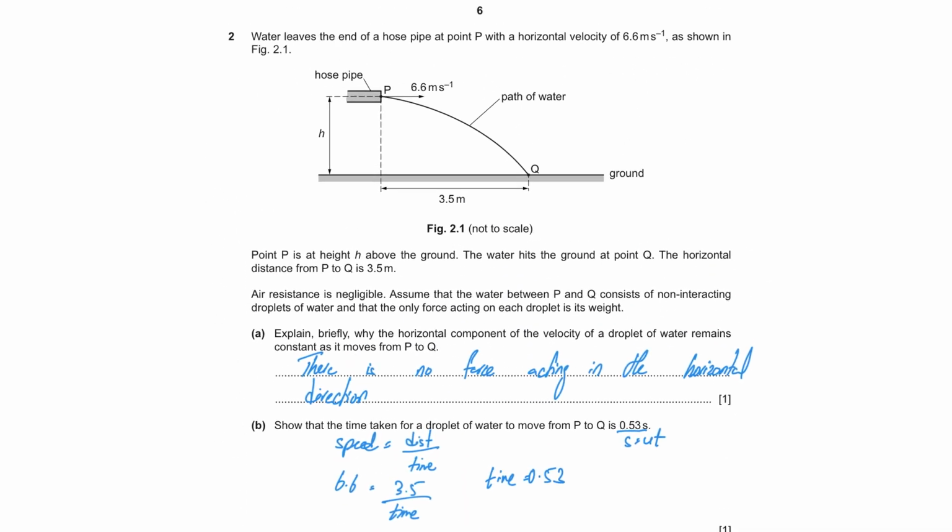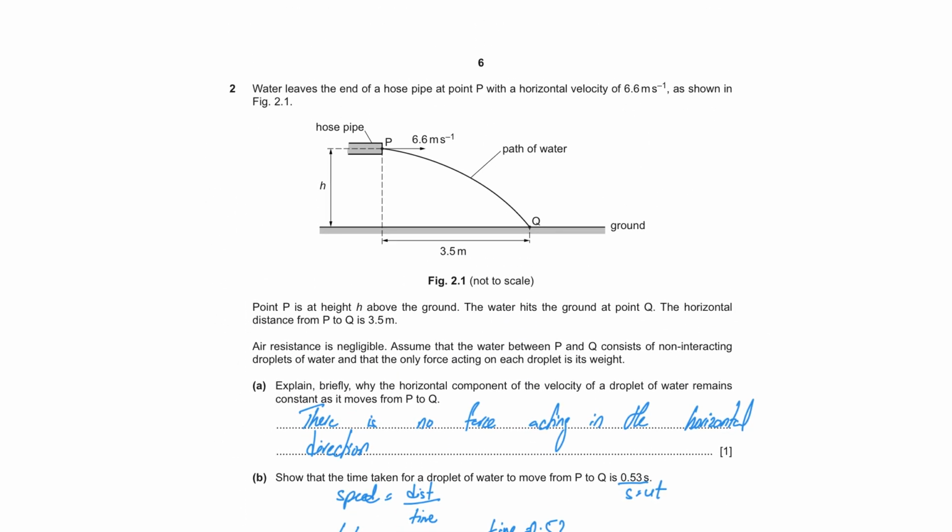They're asking whether this displacement, which is basically a straight line from P to Q, is greater than the actual distance, which is this curved path, or less than, or equal to. Now we know for a fact that if you travel in a straight line, that distance, which is known as displacement, is obviously the shortest distance.